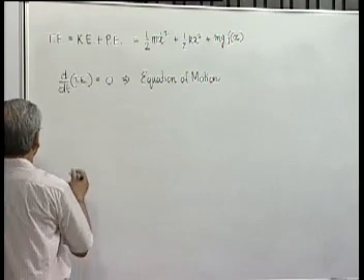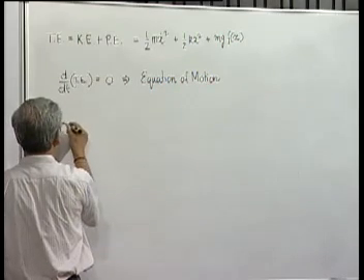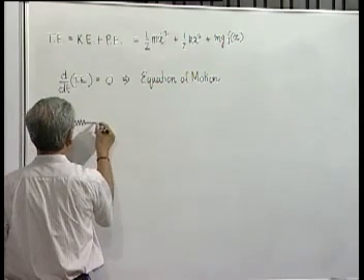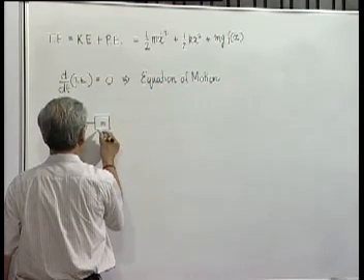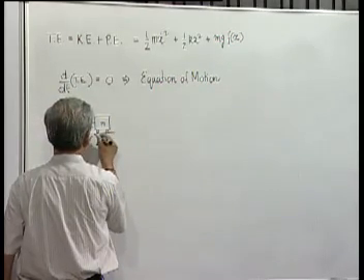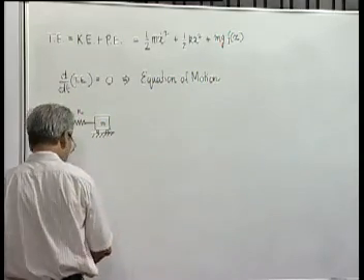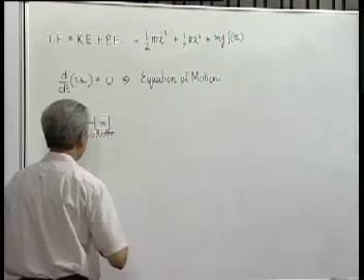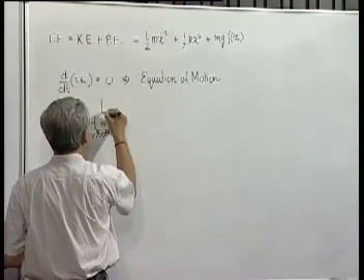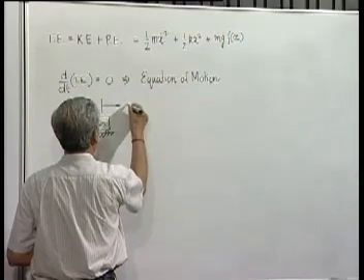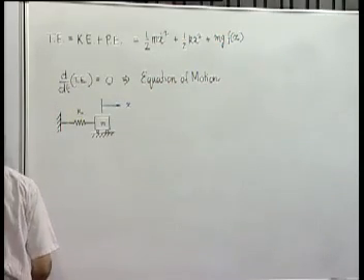The simplest possible case is, say, if we take up the simple spring mass system, where this is the equilibrium position and the displacement coordinate from the equilibrium position is x.